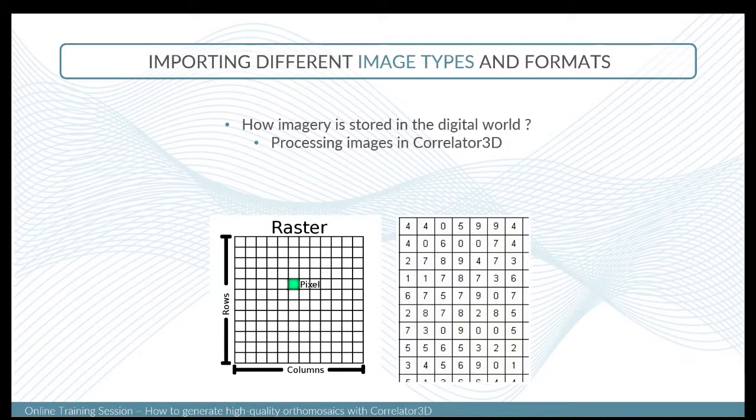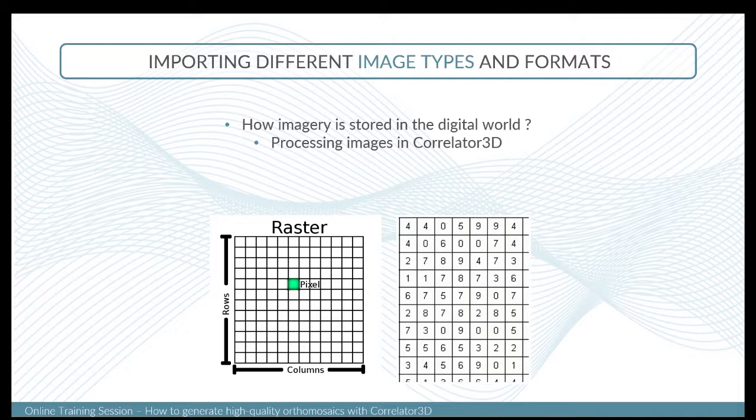Let's first look at how imagery is stored in the digital world. So a digital image is what we call a raster. It's a regular grid of cells where the smallest unit is called a pixel, and each pixel can store numerical values which may represent, for example, different reflectance that has been captured by your sensor in different spectral bands, for example, red, green, or blue.